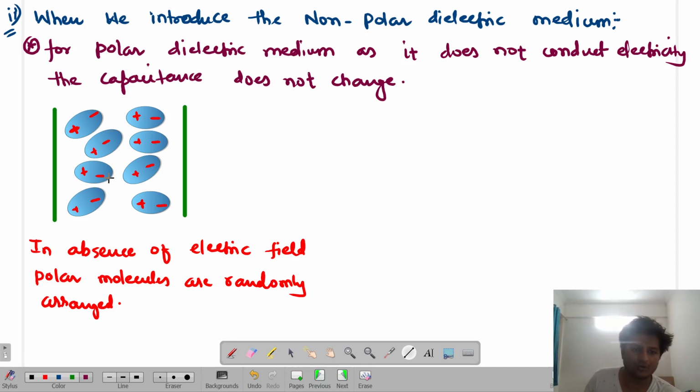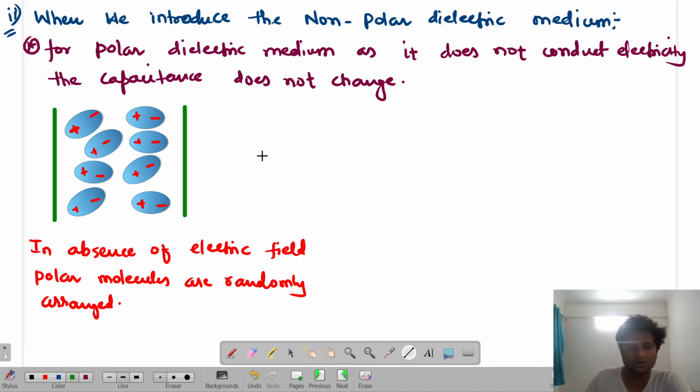So we have the polar molecules only, not the polar medium. Polar molecules, which already have a little bit of dipole moment and are randomly present. And at this time they are not conducting any electricity.